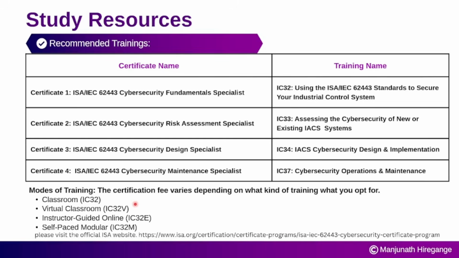I think it was a 12-hour course. But with self-paced modular, for the remaining ones, I chose IC33M, IC34M, IC37M. M means self-paced modular. And if you want, IC32E, then you can choose that as well. So that depends on the individual.